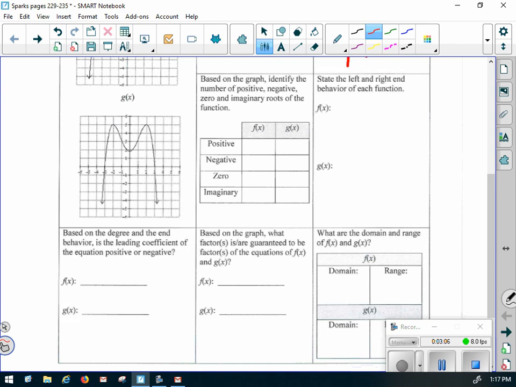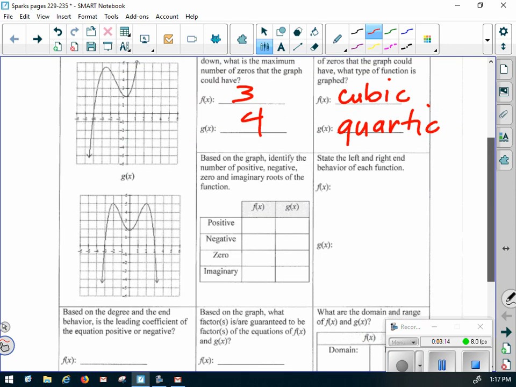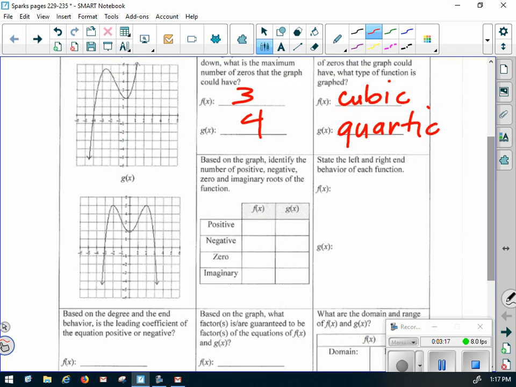Based on the graph, identify the number of positive, negative, 0, and imaginary roots of the function. I want you to look at f. How many of its roots are positive x values? None. How many of its roots are negative x values? 1. How many of its roots are actually x equals 0?